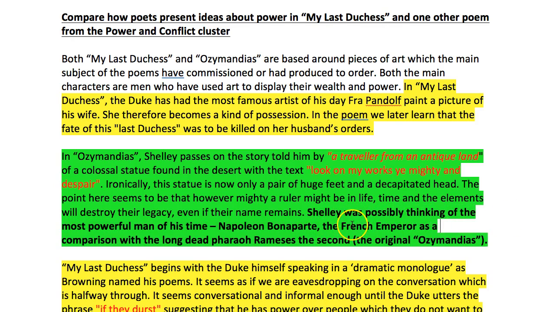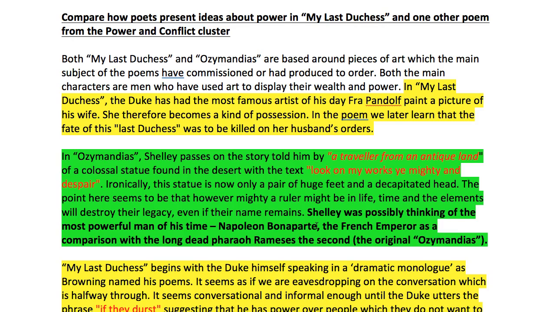Shelley was possibly thinking of the most powerful man of his time, Napoleon Bonaparte, the French emperor, as a comparison with the long-dead pharaoh Ramesses II, the original Ozymandias. So that's good. The tentative language of possibly thinking is something that the examiner will like because it shows you're being exploratory. But he hasn't said why he would compare it to Napoleon Bonaparte.